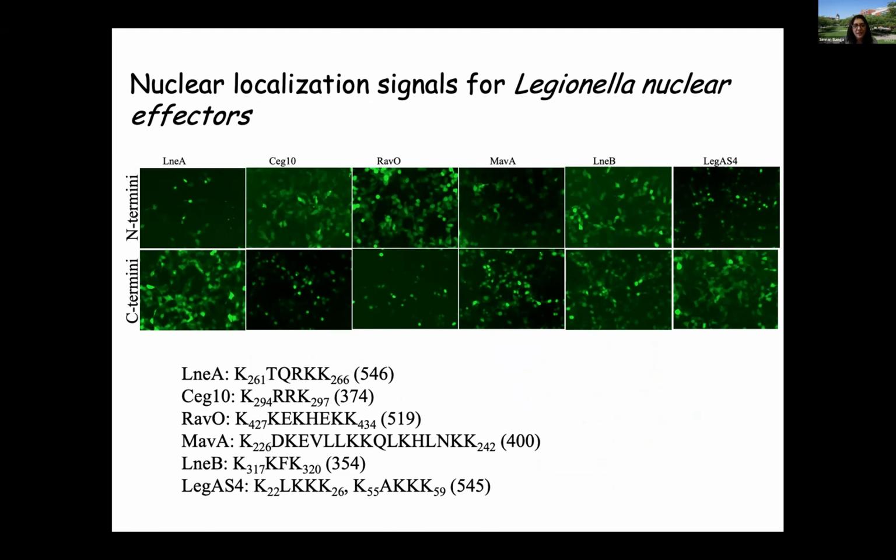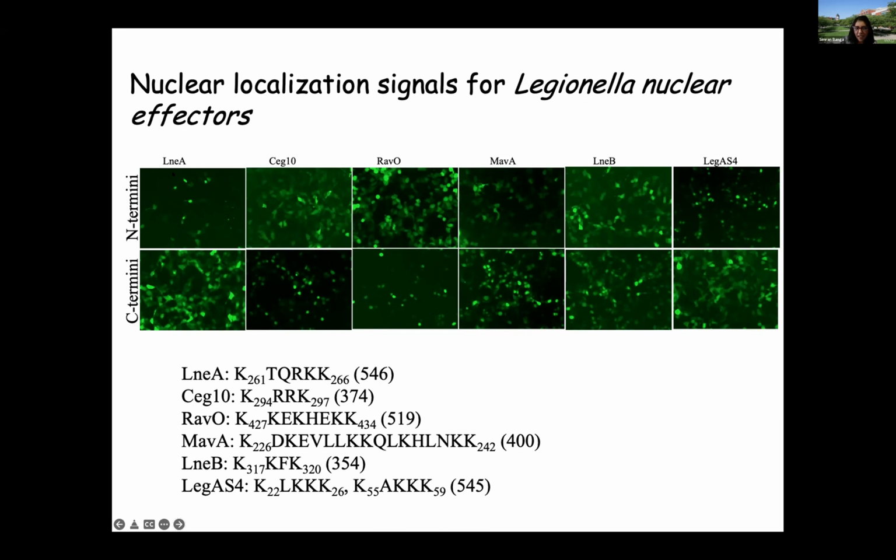So what I decided to do was literally break the protein into half. If this protein LNE A is 546 amino acids, this was like 275 amino acids on one end, the N-terminal end, and then the other half comprised the C-terminal end. Then I looked for whether it still goes to the nucleus or not.